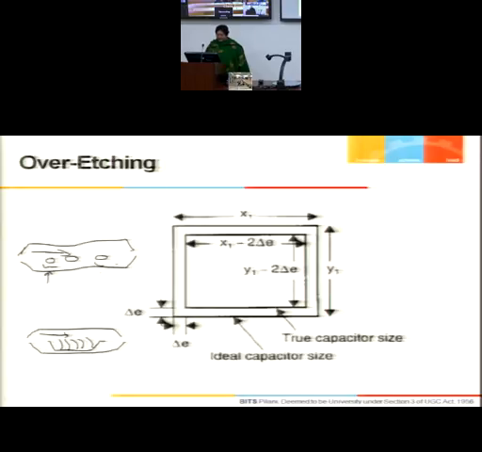Now rate of reaction would be higher here than the rate of reaction here. Why? Because less gas will penetrate and move in over here. Because there is an obstacle, flow of gas would be a little bit hindered. The rate of reaction would be higher at the top and lower at the bottom on the same wafer itself.